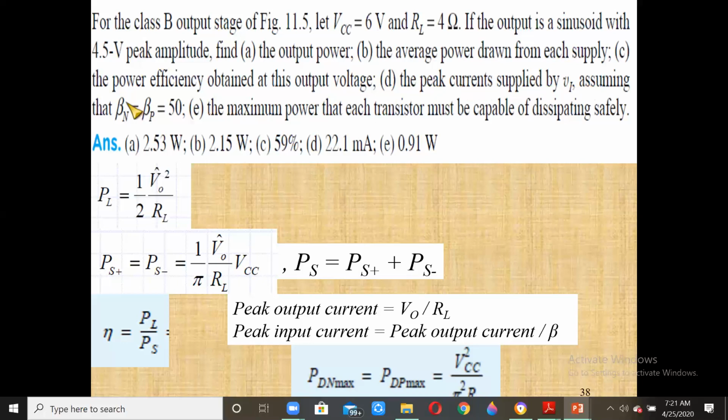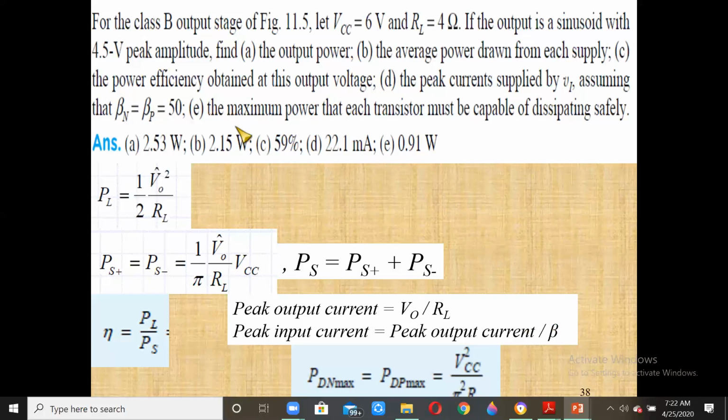IC divided by beta will give us the IB, which is the peak current supplied by Vi. So peak output current is V naught by RL, that is 4.5 divided by 4. The peak input current is the peak output current divided by the beta value, that is 4.5 divided by 4, divided by again 50. Really speaking, we'll get 22.5 milliamperes.